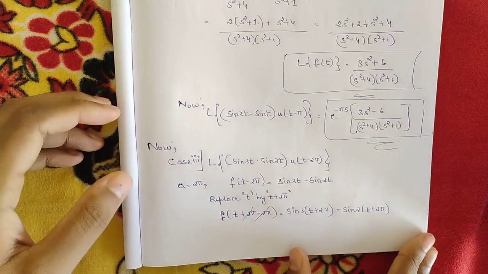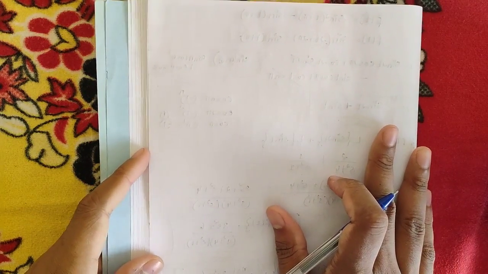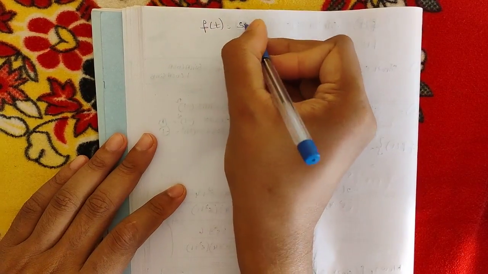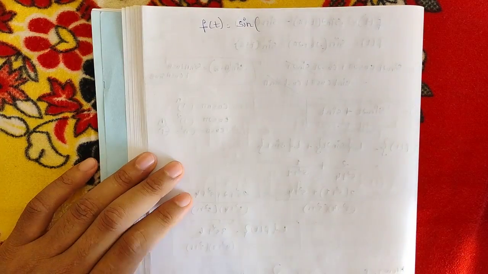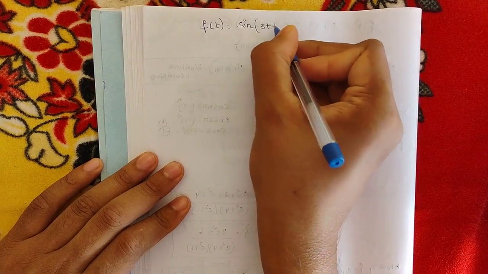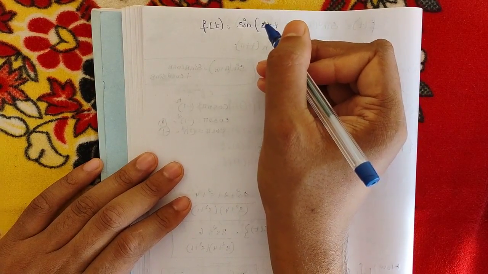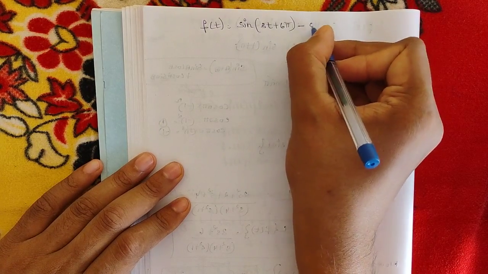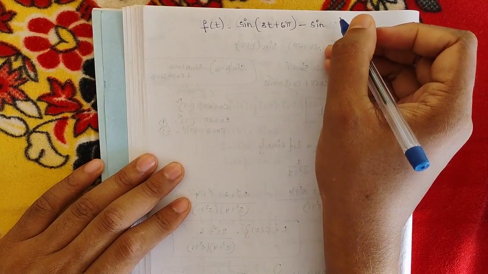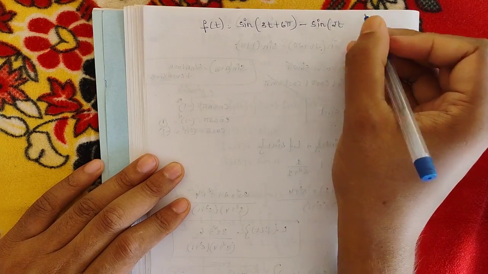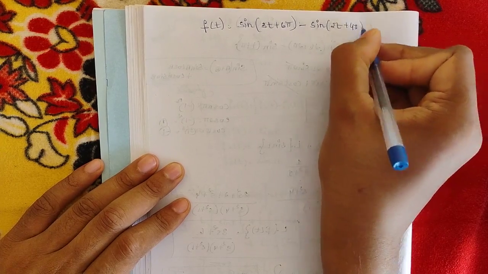So we get f of t as sin of 3t plus 2 pi, so it would be sin (3t plus 6 pi), minus sin of 2t plus 2 pi, that is sin (2t plus 4 pi).